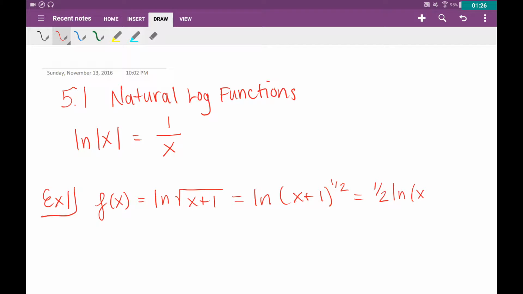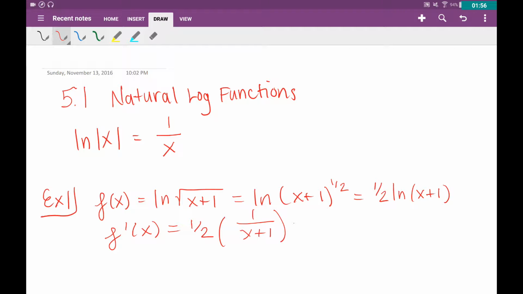of x plus 1. Okay, so to find the derivative, f prime, the 1/2 as a constant stays in the front. The derivative of the natural log of x plus 1: take the derivative of what's inside, so the derivative of x plus 1. The derivative of x is just 1, and the derivative of 1 is nothing, so I'm just going to leave that 1 up there, all over everything that's on the inside, so it's x plus 1.